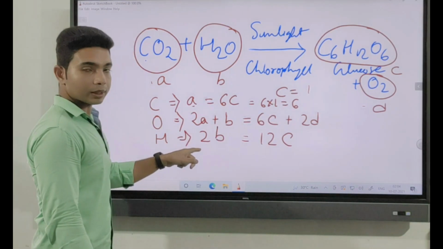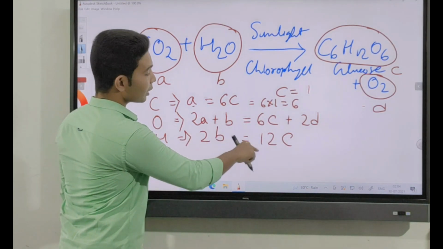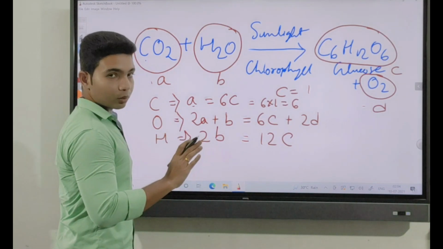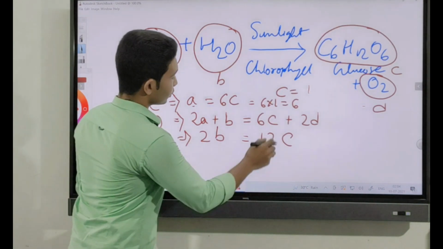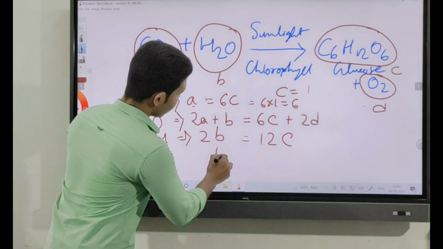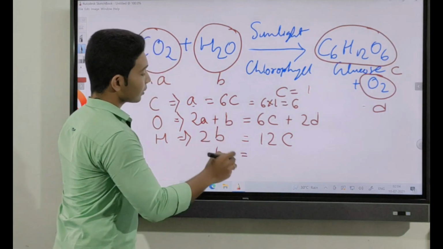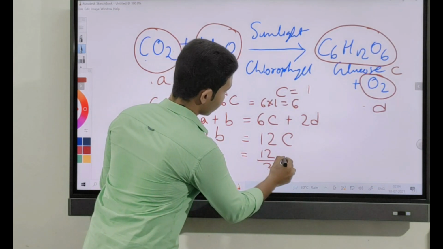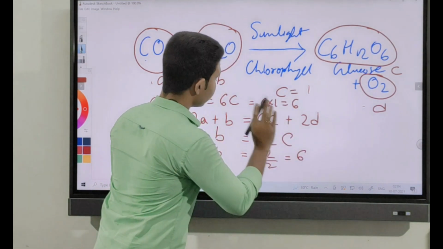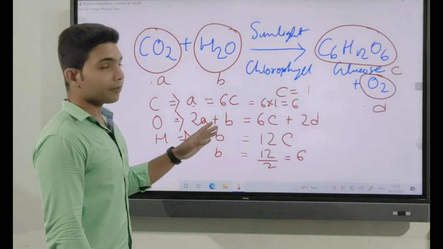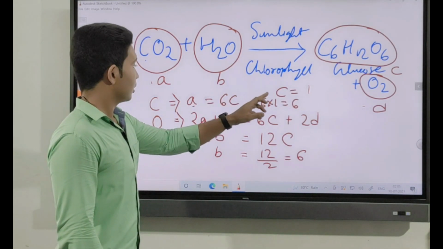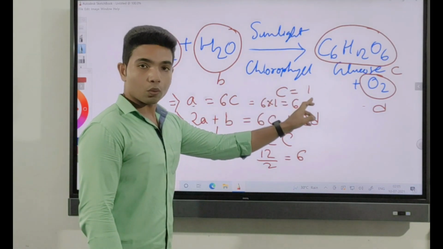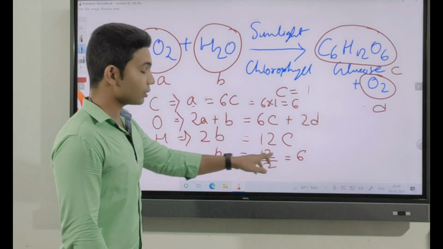See the third equation, it is saying 2B equals 12C. We already know the value of C, right? C is 1, so what will be the value of B? 12 into 1, 12, 12 by 2, it comes 6. So now you have 3 values, A is 6, C is 1 and B is 6.